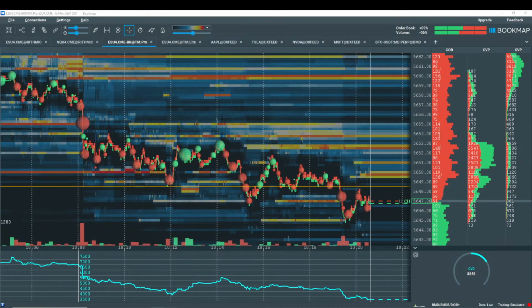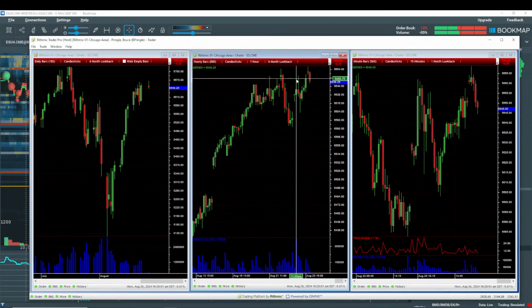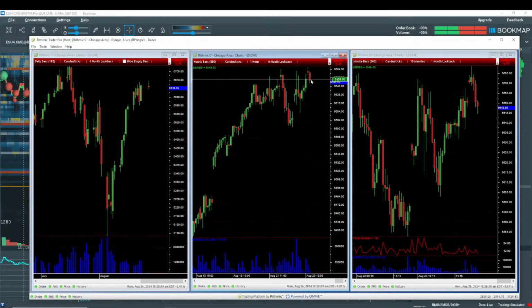All right, so let's take a look at our bigger picture here on the daily, hourly, and 15-minute. On the daily, it's an inside day. It actually broke out a little bit here, but it has failed for the day, and we're back inside. The hourly filled the gap, opening at the top of the range, and this red candle filled the gap.